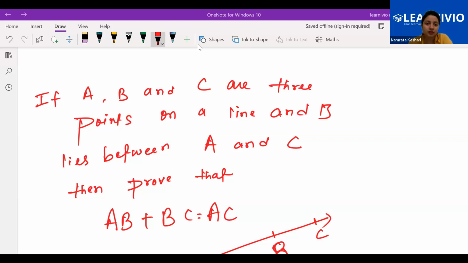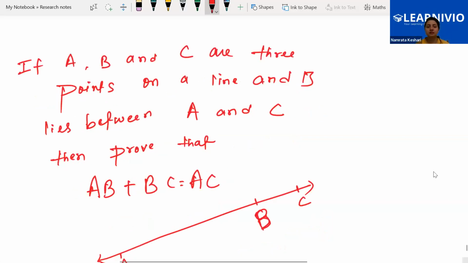Yes, Arhan, you wanted to say anything? Saad? Heather? Please check how to do this one. Which axiom will be helpful to prove this?